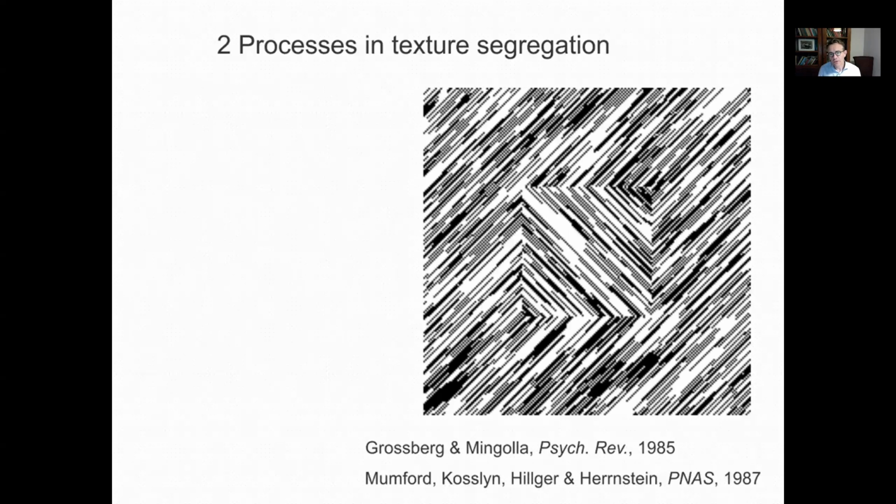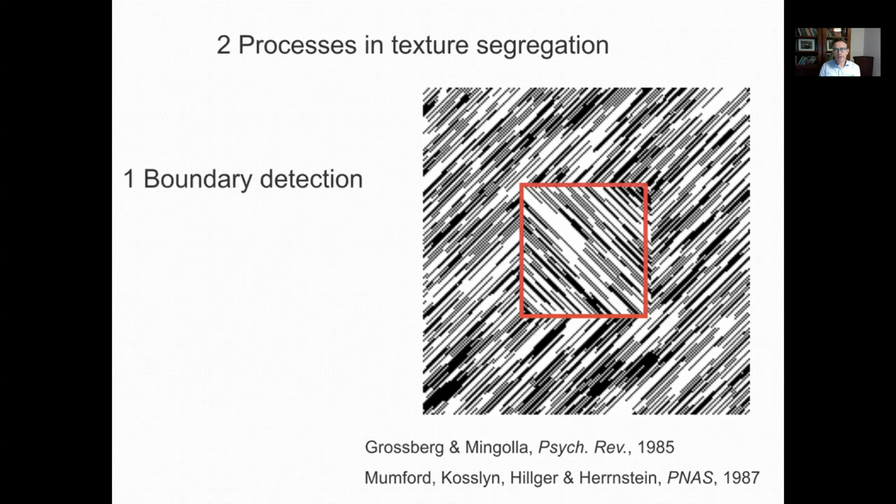And it's always useful, if you're interested in a task like this, to look back in the psychological literature, because you will find many clues about how these things could work. In this texture segregation process, the proposal in the literature has been that there are two processes. The first is a boundary detection process that is sensitive to the feature differences that occur at the boundary between figure and background, basically the change in orientation.